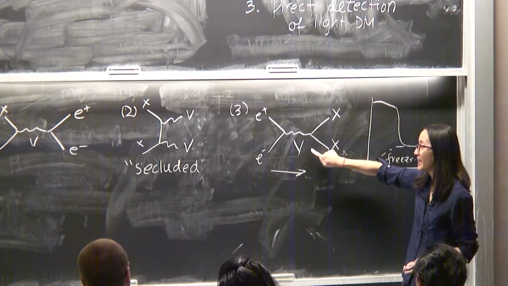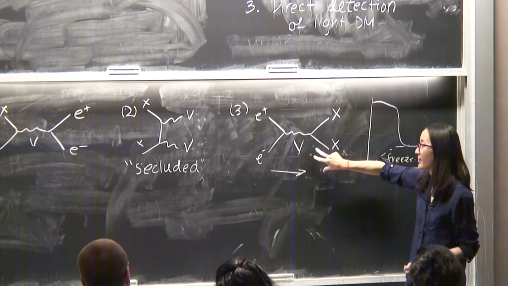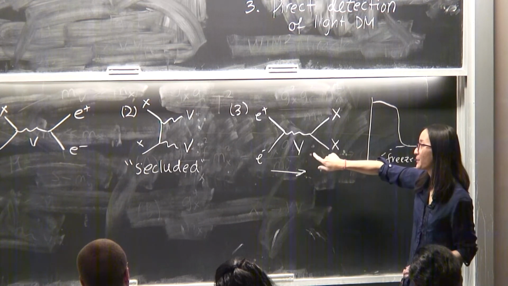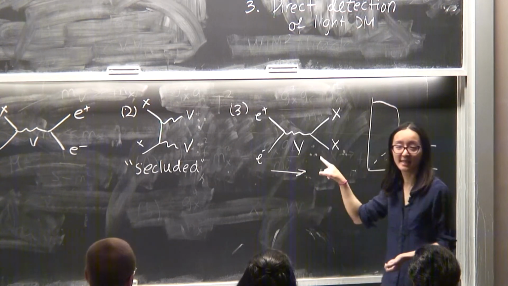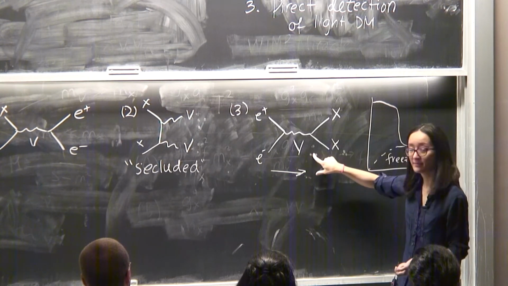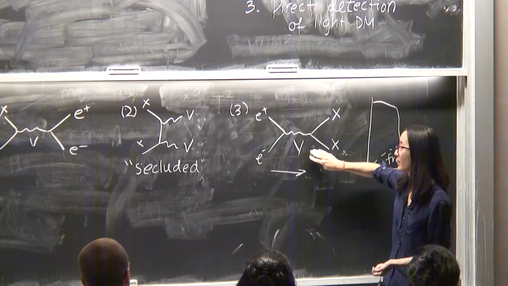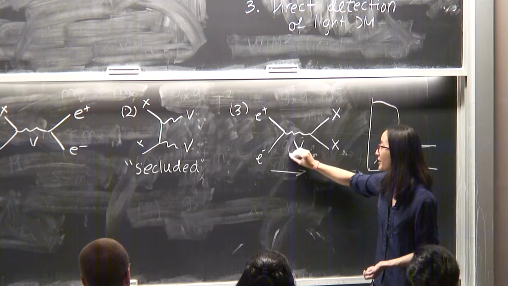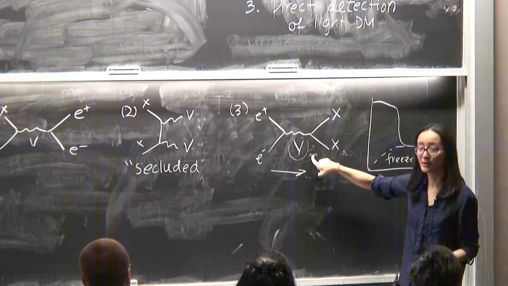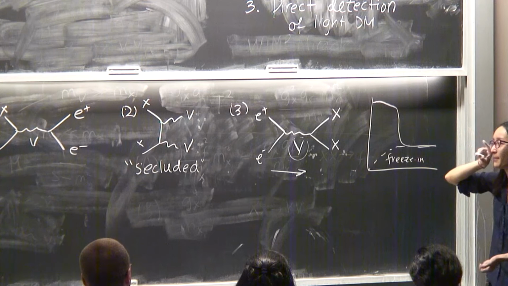And for this process to only happen in one direction, the couplings have to now be really, really small. So you might think that this scenario is really hard to test, but because my mediator is light, I actually get a pretty large signal in direct detection experiments.